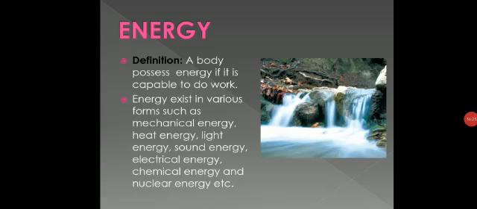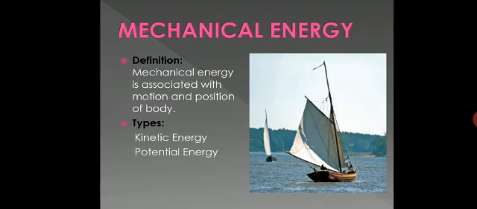So how can we define energy? A body possesses energy if it is capable of doing work. First is mechanical energy. A moving object possesses mechanical energy. Mechanical energy possessed by a body is of two types.